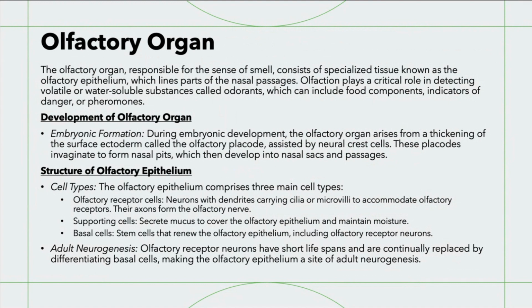The olfactory receptor neurons have a short lifespan and are continually replaced by differentiating basal cells. We said that these basal cells can be found in the stratum basale, which is the last layer of the epithelium. So the olfactory epithelium is a site of adult neurogenesis. Adult neurogenesis basically meaning the formation of nerves whilst in the adult stage.